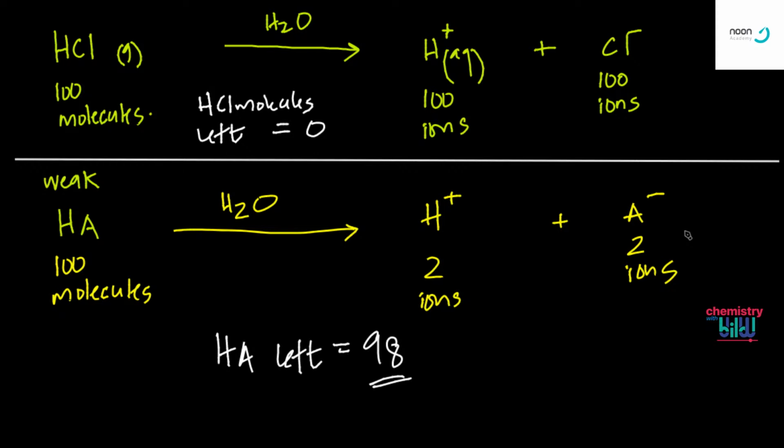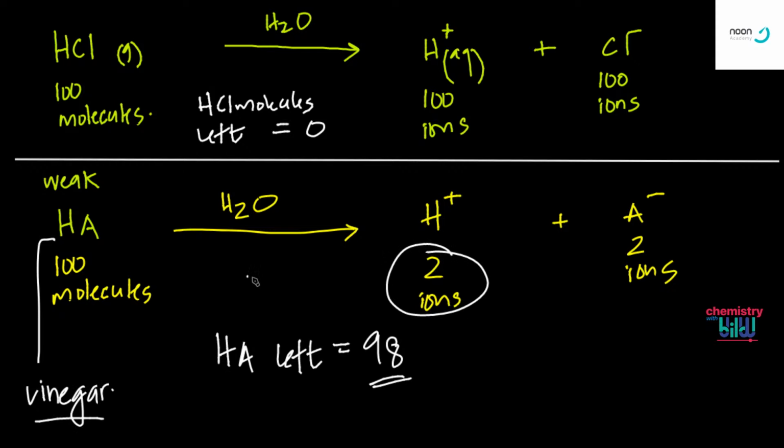Not 4 became 2 and 2. Ratio, one to one. So that's called a weak acid. This is, by the way, what happens. Vinegar behaves like this. This is actually vinegar. Only, you see, we call this 2% ionization, because 2 out of 100 is 2%. You see that?